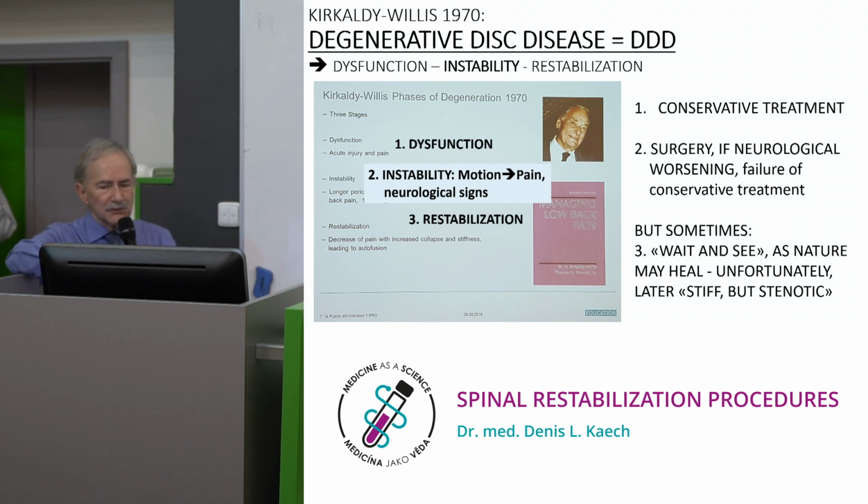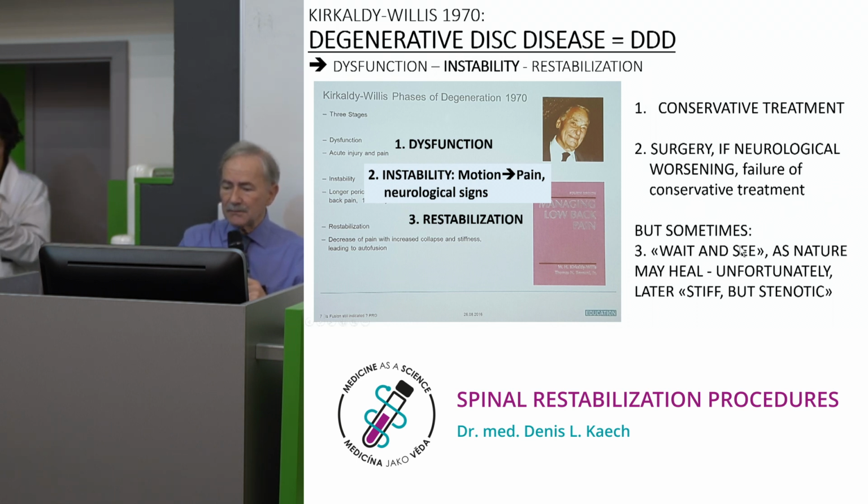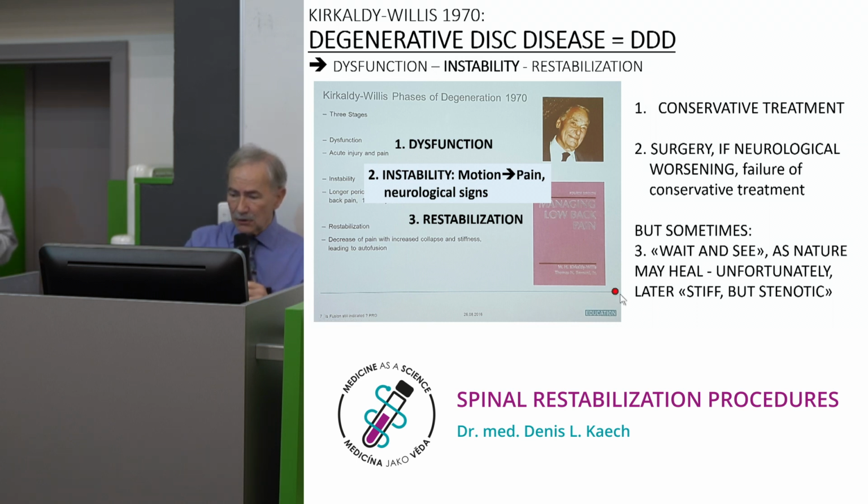In the first phase, you have conservative treatment. When there is disc herniation, or disc herniation plus instability, you may add surgery in selected cases. Sometimes just wait and see, as nature may heal, restabilization with calcification, ossification, but sometimes excessive ossification may lead to spinal stenosis.